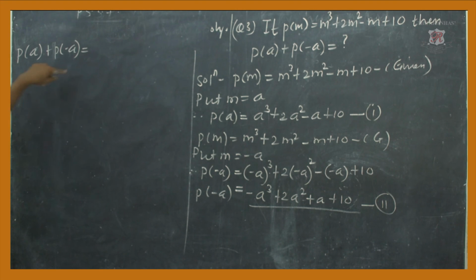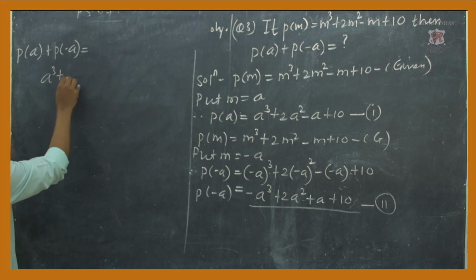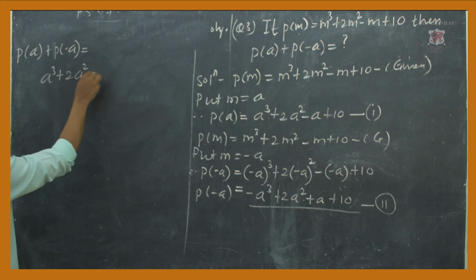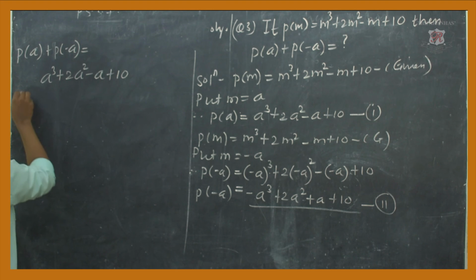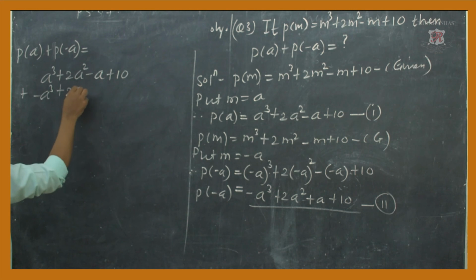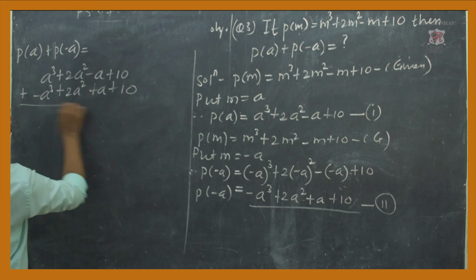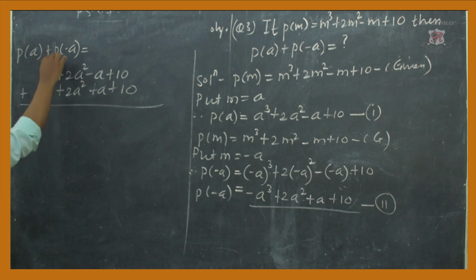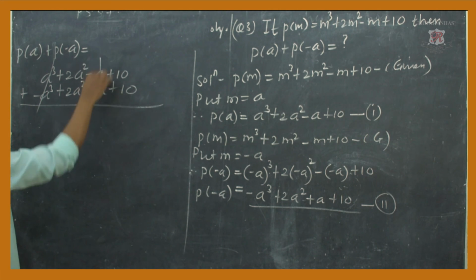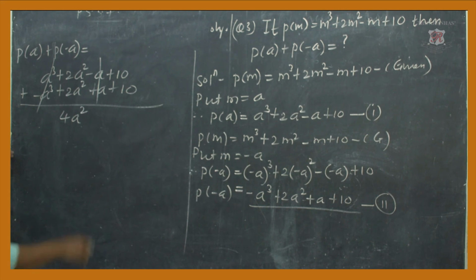Let's see, P(a) we have a cube plus 2a square minus a plus 10, plus we have minus a cube plus 2a square plus a plus 10. Line up, addition we are doing. Plus a cube minus a cube cancel, plus a minus a cancel. 2 plus 2, that is 4. So we get 4a square plus 10.